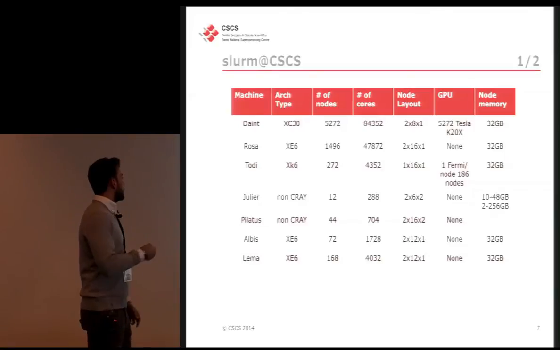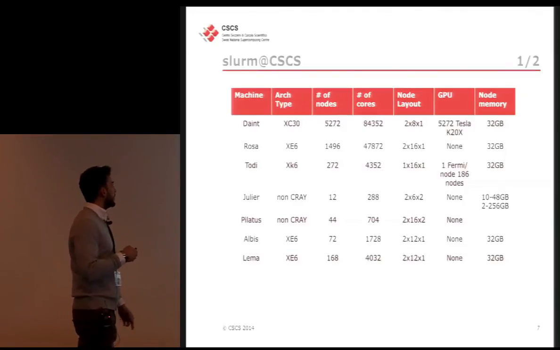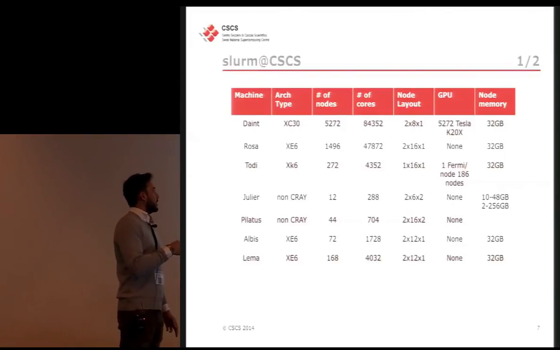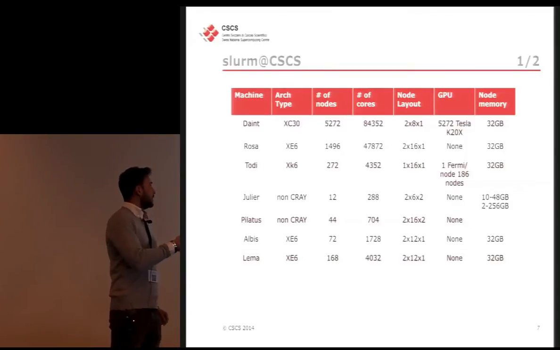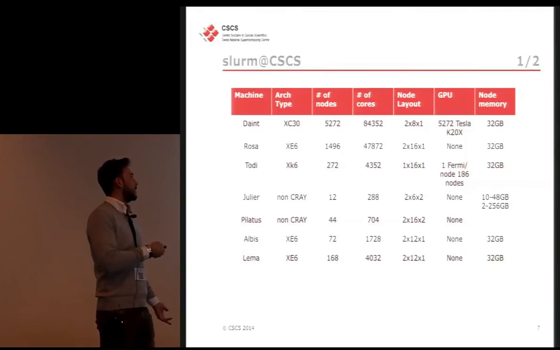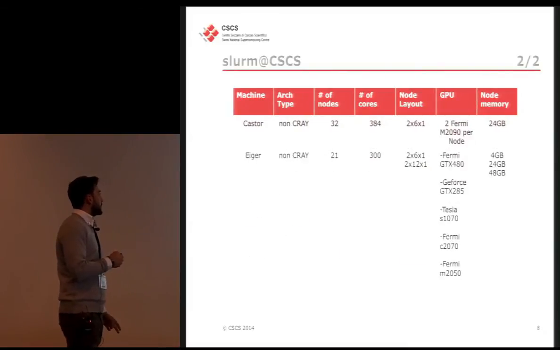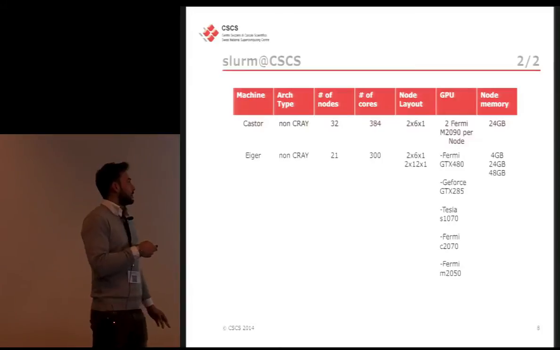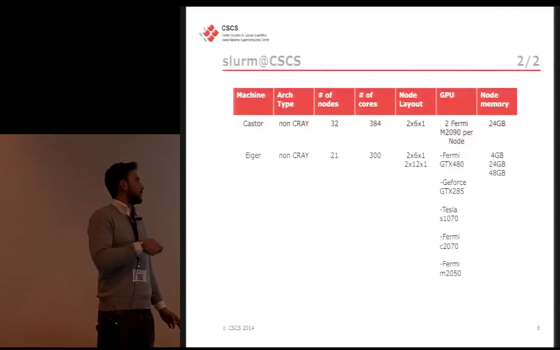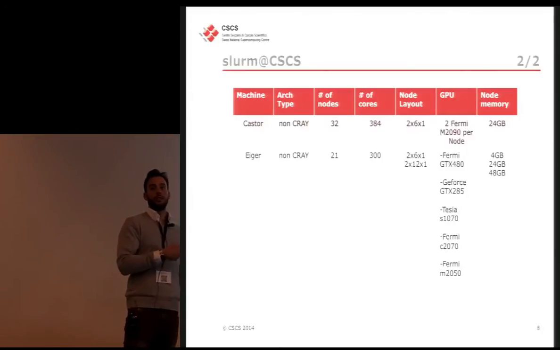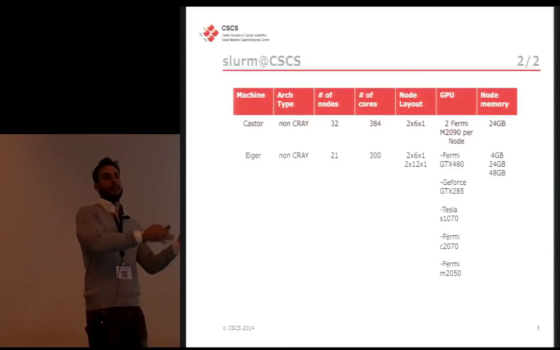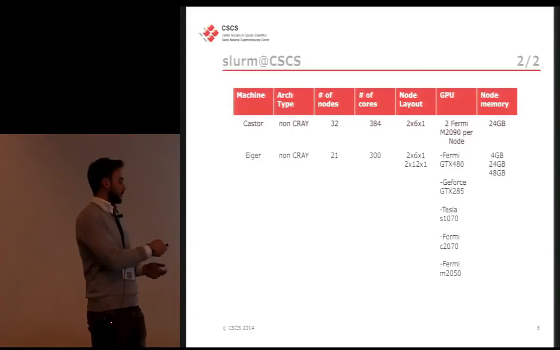So we have Crays with different architectures, and we have different kinds of CPU. For instance, we have this visualization cluster which has nodes with different kinds of GPUs on it. So in one node you have one kind of GPU, in another one another, and so on. So this is the most emblematic type.